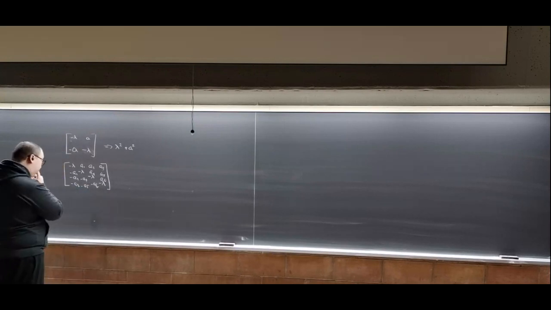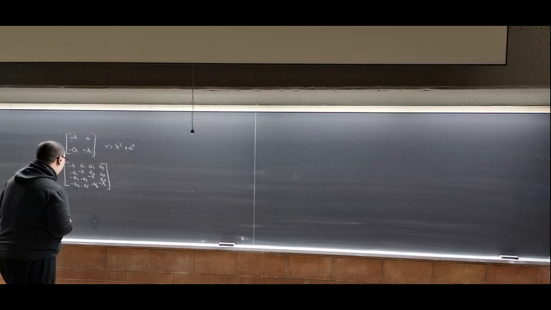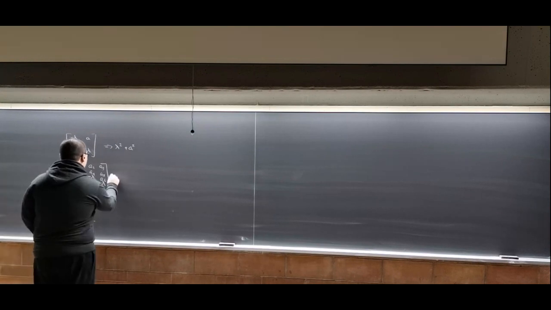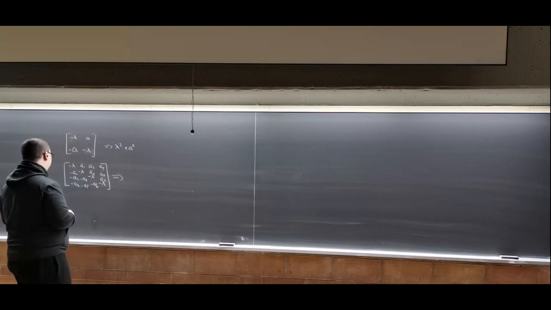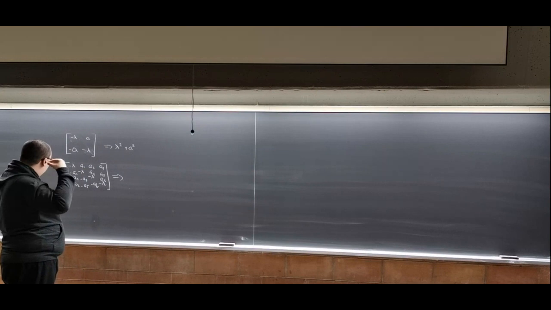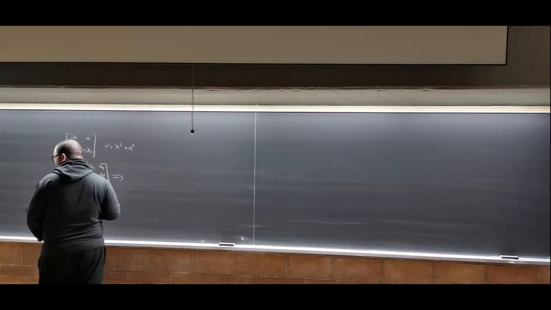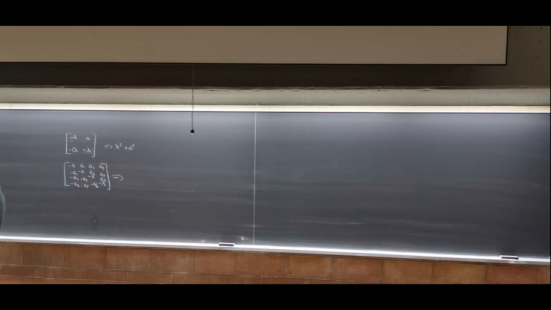Is this true for a 4 by 4 matrix? Because I am willing to bet it is not. So what does this become? Oh my god, I hate doing determinants. I'm just going to use Symbolab.